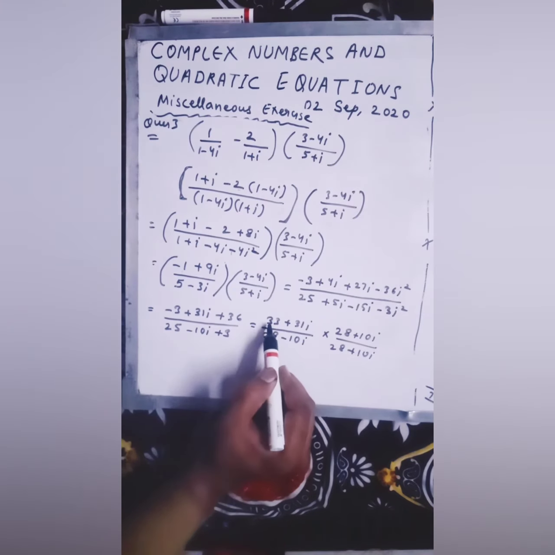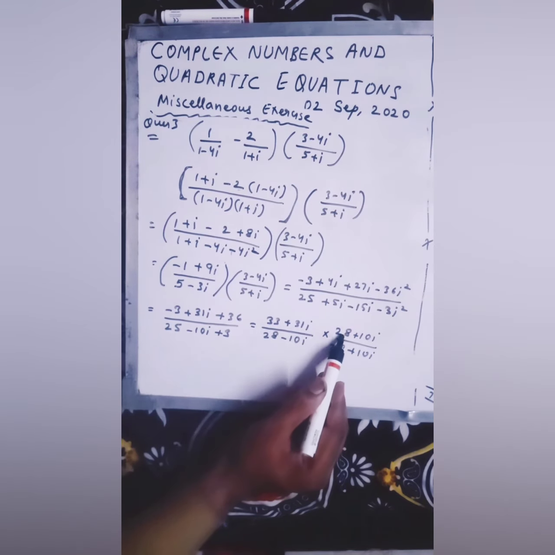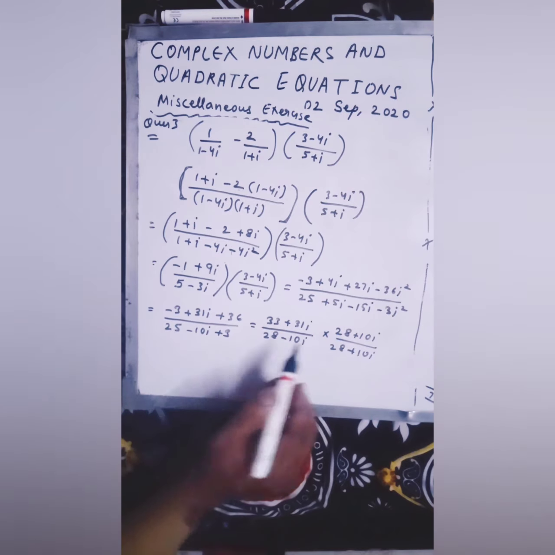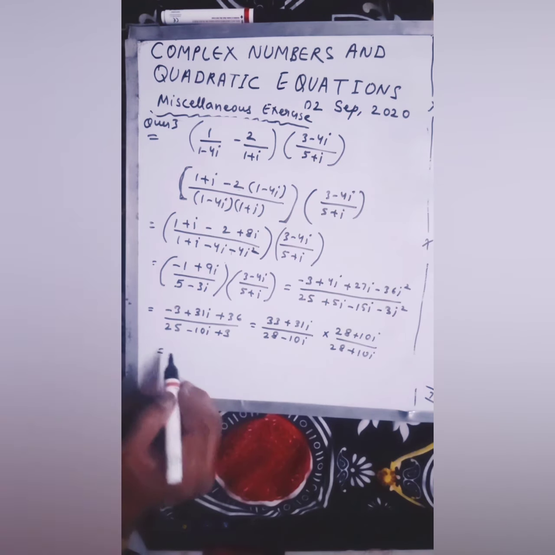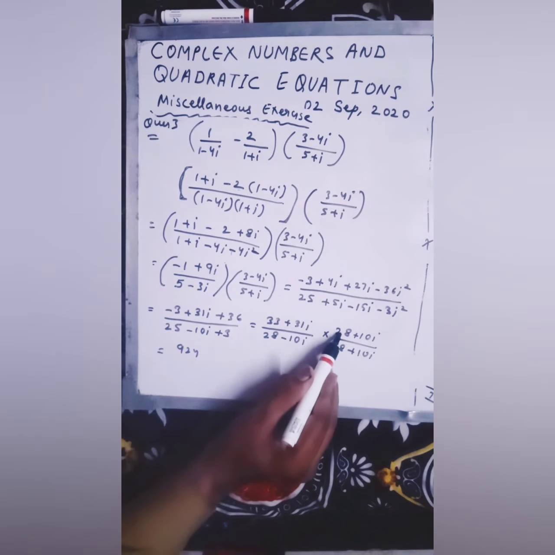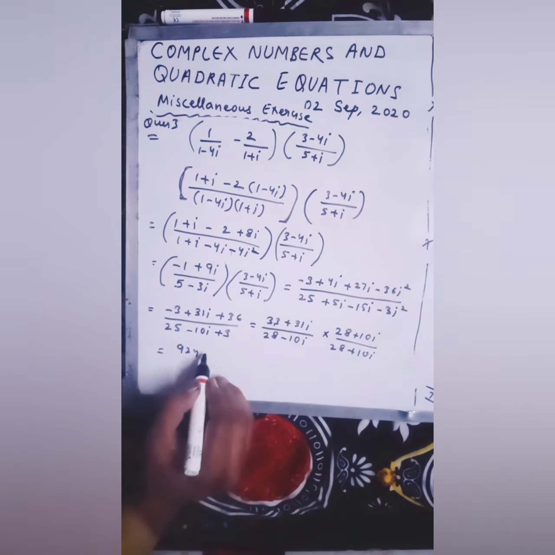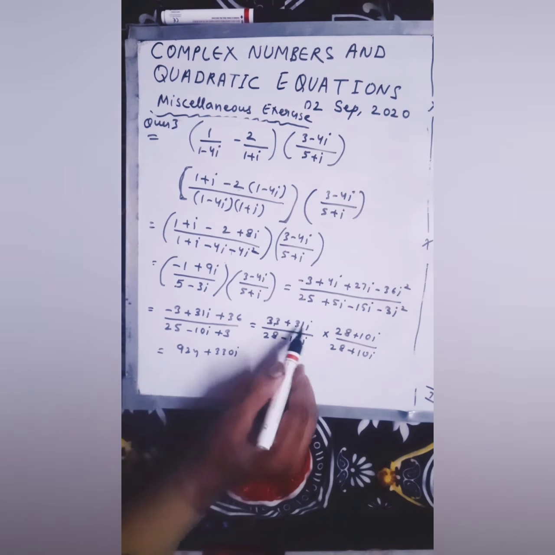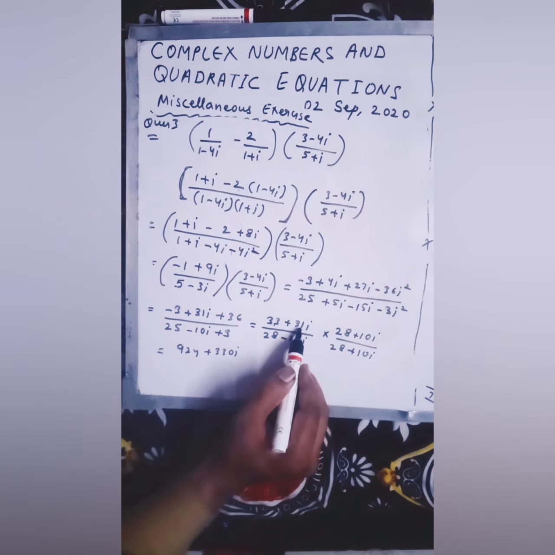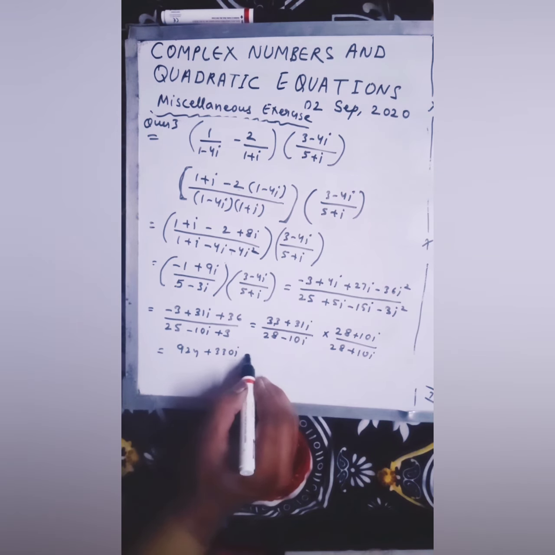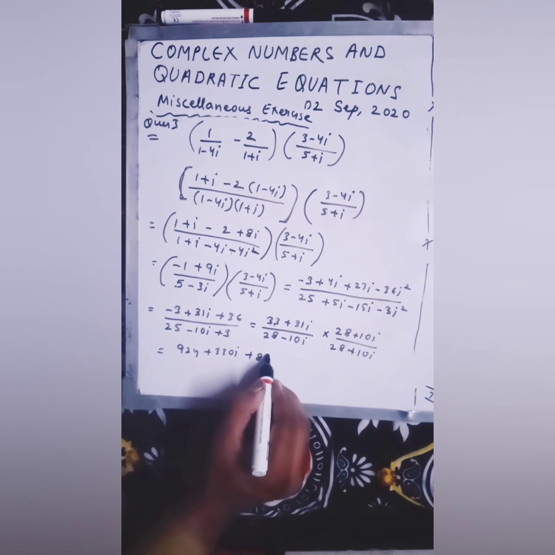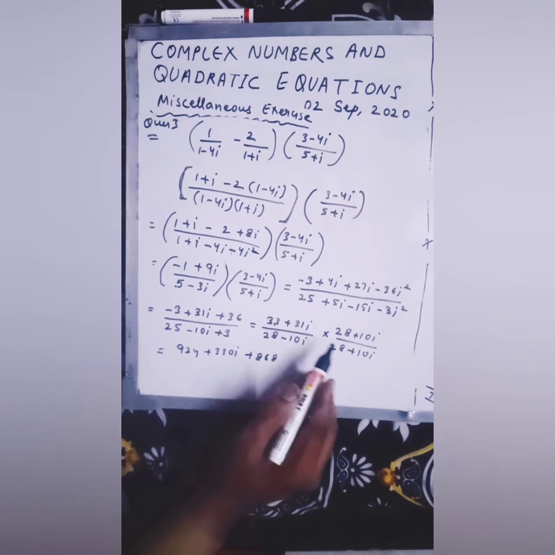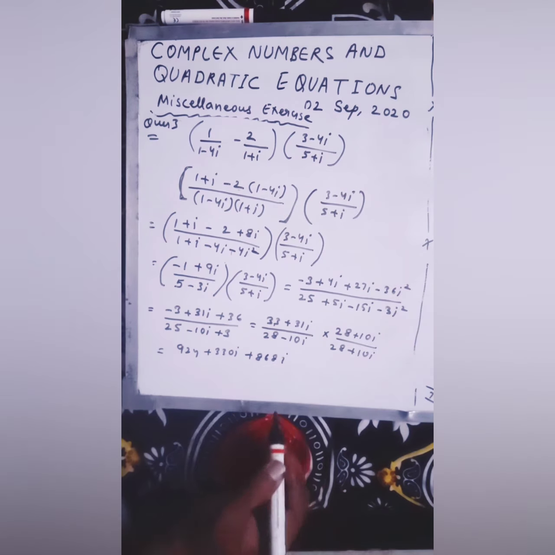Now see, you have to multiply this 33 with 28, and when you multiply this, you will get 924, this into this, plus 330 iota, this into this, plus 868 iota.